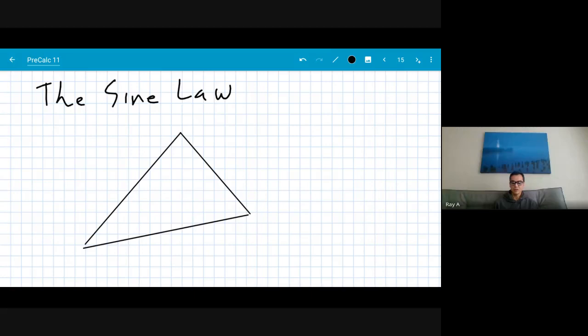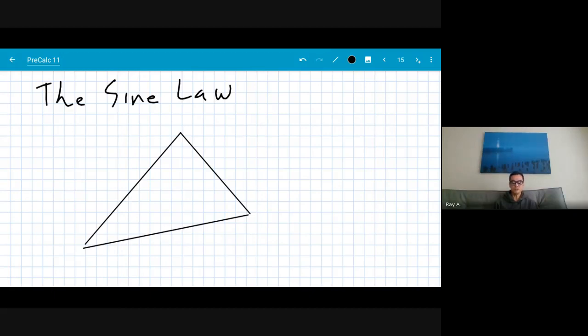In Math 10, we learned how to solve a triangle if it was a right triangle using SOHCAHTOA, right? Now, in Pre-Calc 11, we will learn a method to figure out how to solve a triangle. When you solve a triangle, by the way, it means that you are going to find all of the missing sides and all of the missing angles, all right?